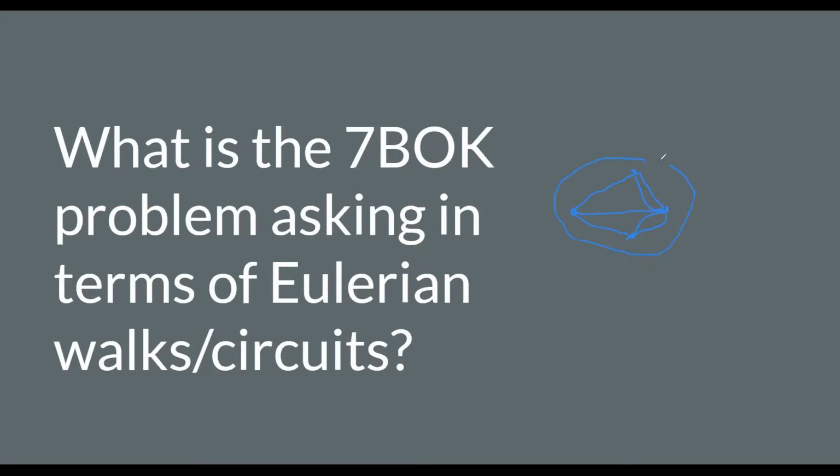Because remember, our condition for that problem was, does there exist a walk such that you can start and end at the same place, which is the circuit part of the Eulerian circuit, and you can only use each bridge exactly once, which is the Eulerian part of that. So together, we are looking for an Eulerian circuit.